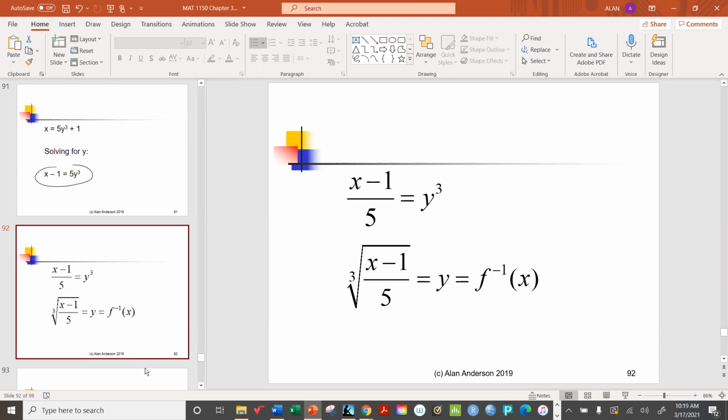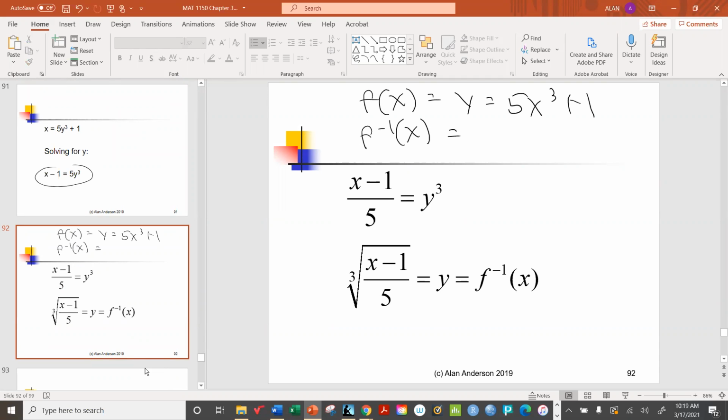And that's our inverse. So in other words, the original function was y equals 5x cubed plus 1. The inverse of this is y equals the cube root of (x minus 1) over 5. And if you want to prove it, we're not going to do that right now.